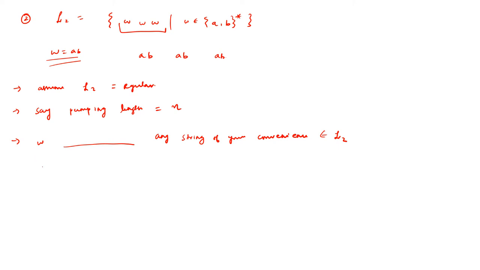Once you take a string of your choice, you will see if there is a partition scheme that will make w into x, y, and z such that the length of xy is less than or equal to the pumping length n, and the length of y itself cannot be 0. And you will see if there is a partition scheme that will make x y^k z also part of L2.